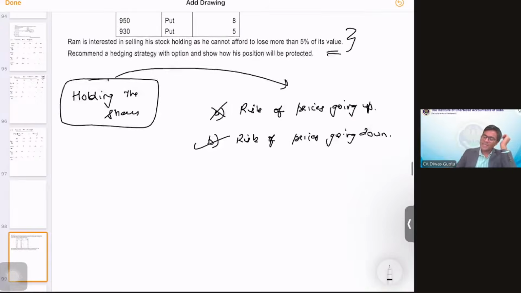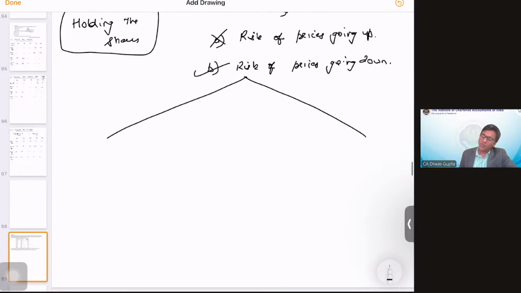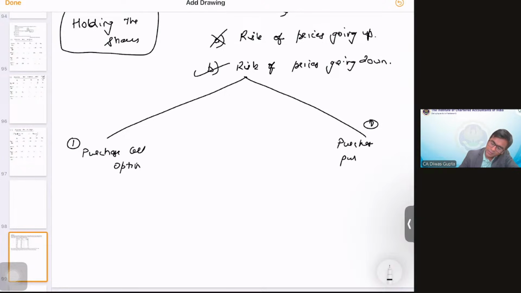Now, if this is the risk I'm exposed to, can you tell me the strategy I should have to avoid the risk? So I have to devise a strategy. If the prices go down, I should gain. In that case, should I purchase a call option or should I purchase a put option?